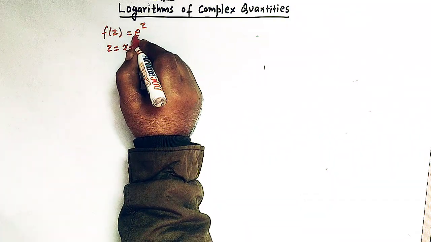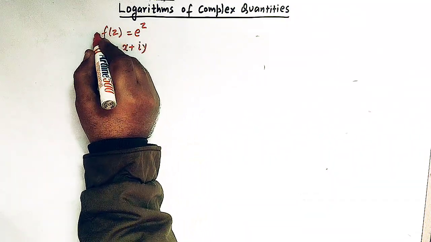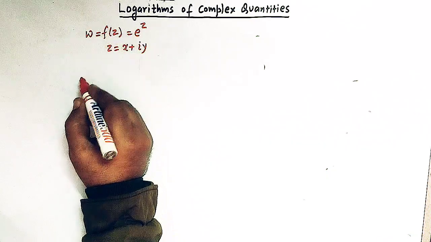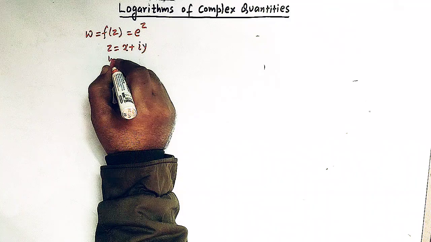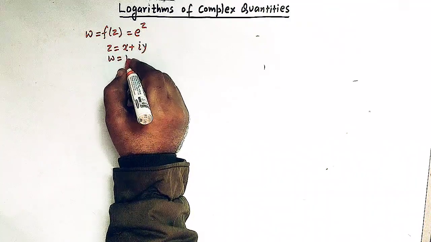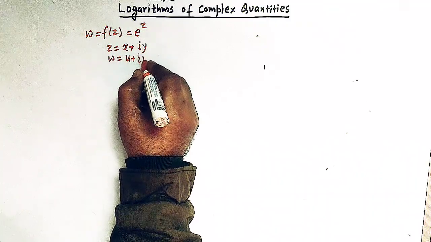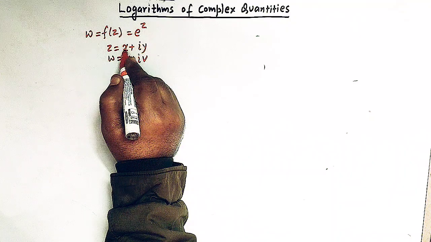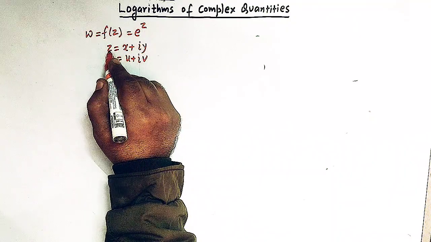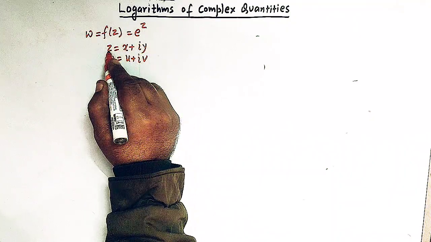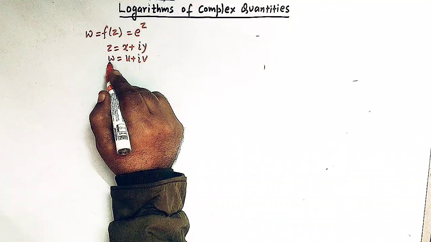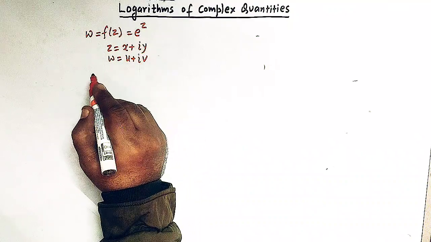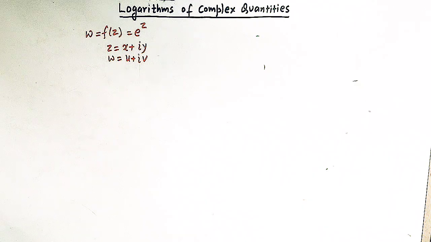And let us take this function f of z as w, where w is again a complex number, and w can be written as u plus iota v. So here x is the real part of z and y is the imaginary part of z, and similarly u is the real part of w and v is the imaginary part of w.